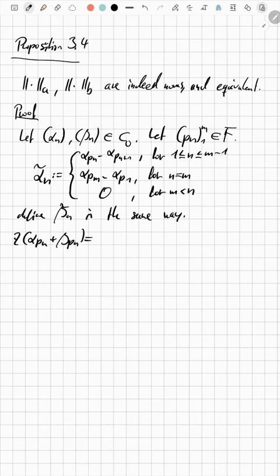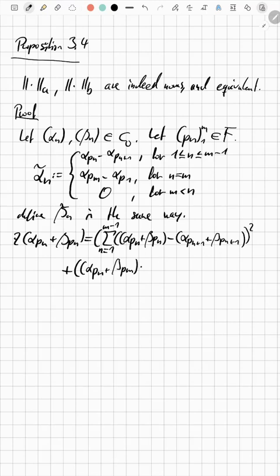This is the same as the sum, not infinite, this finite sum of alpha_{p_n} plus beta_{p_n} minus alpha_{p_{n+1}} plus beta_{p_{n+1}}, this squared, plus alpha_{p_m} plus beta_{p_m} minus alpha_{p_1} plus beta_{p_1} squared, and then all of that in the square root.